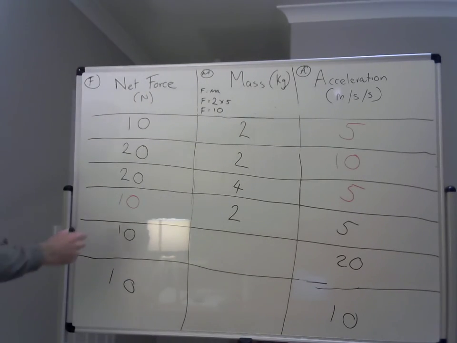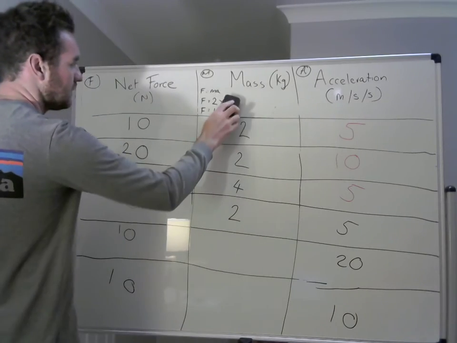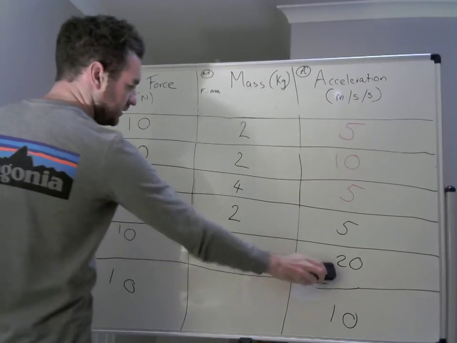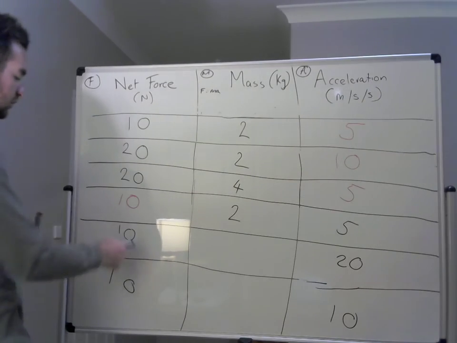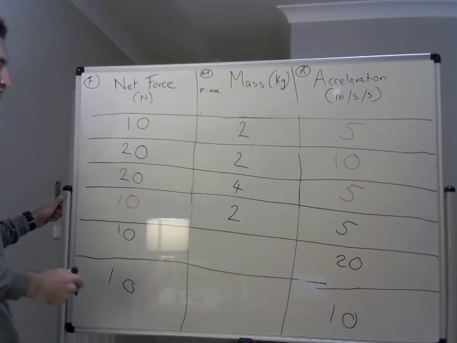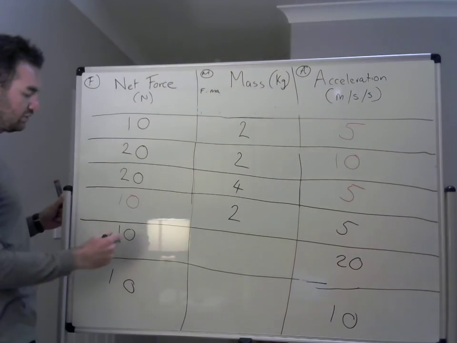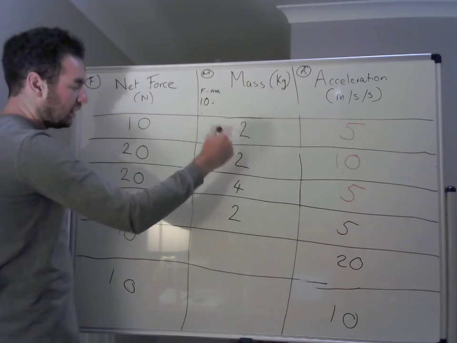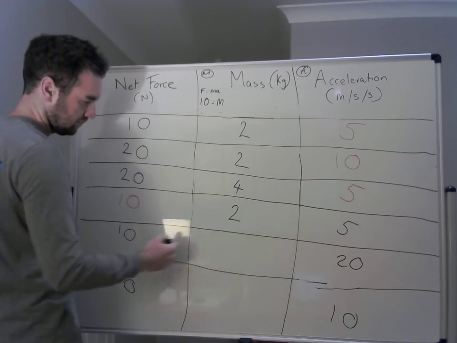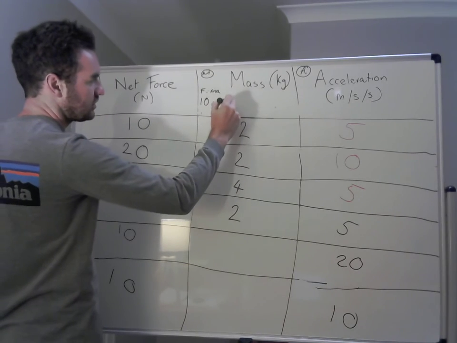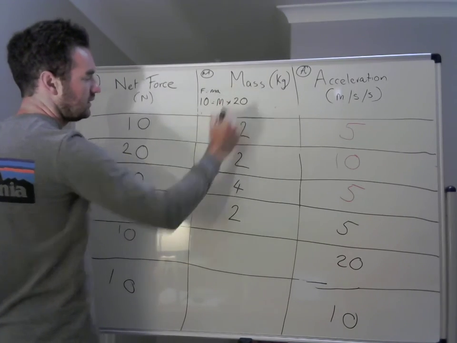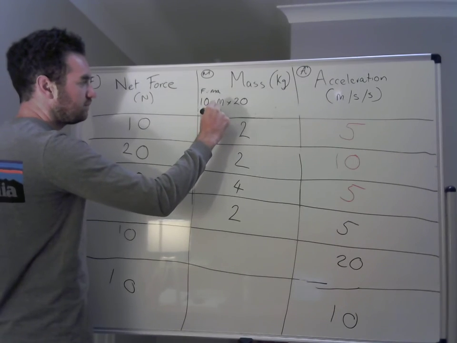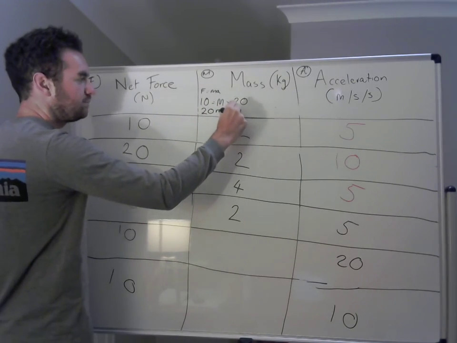Okay, second last one. Let's say we don't know the mass, or what mass would something have to be to travel at 20 meters per second squared using 10 newtons of force. So we know F in this case, it's 10. We don't know m, so we just leave m there. And we know that the acceleration is 20. So what do we have here? Well, 20m equals 10.